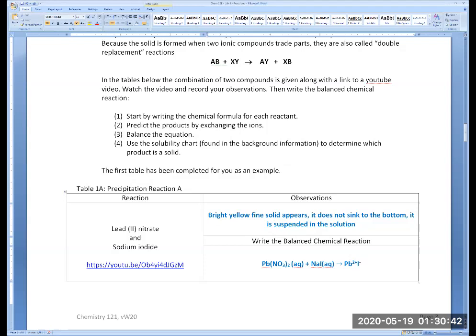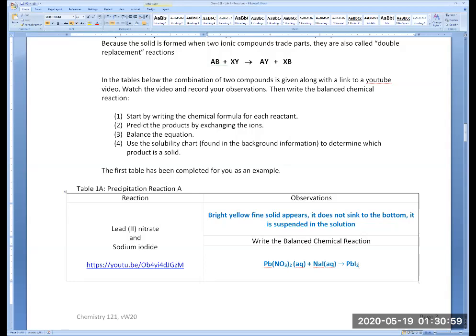So let's find the formula here. We do the crisscross trick and we see that Pb will be just 1. And then that 2 will go as a subscript for iodine, and then you drop all the positive and negative charges.